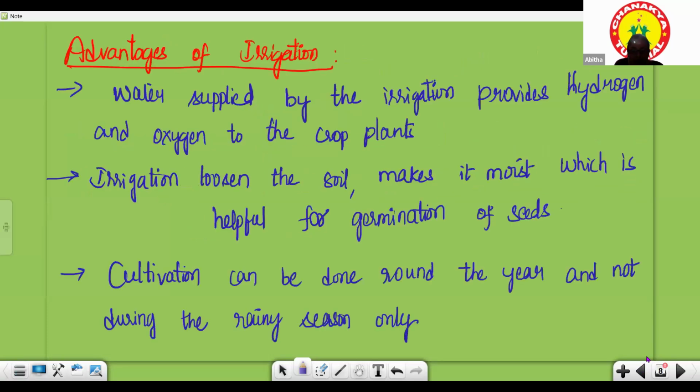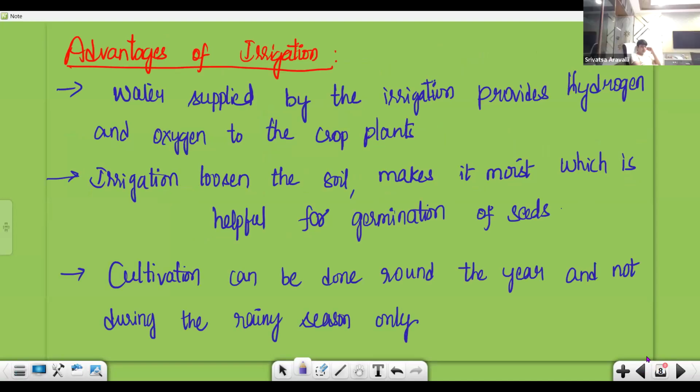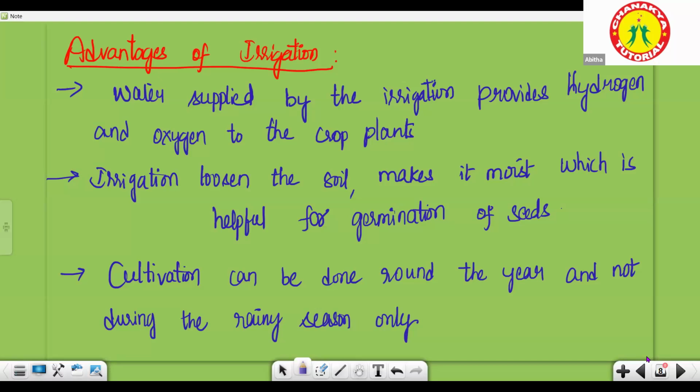You're listening, Srivatsa? Okay, please read the advantages of irrigation. Start reading from the beginning.